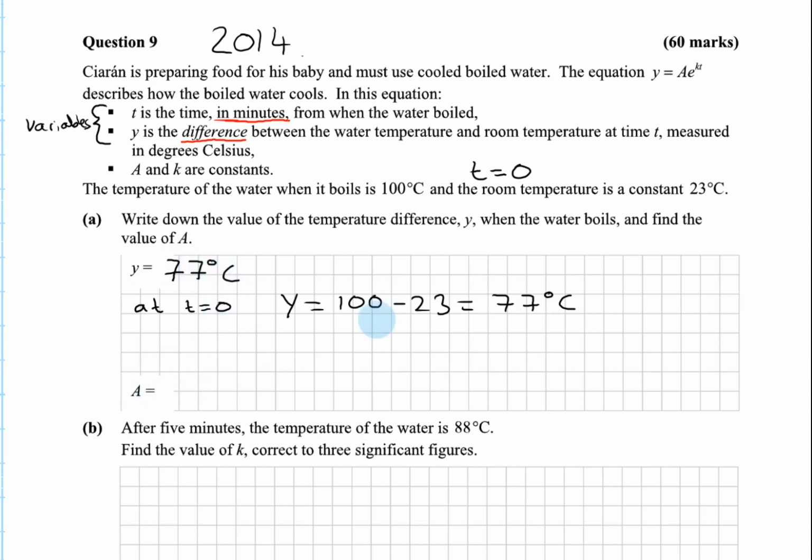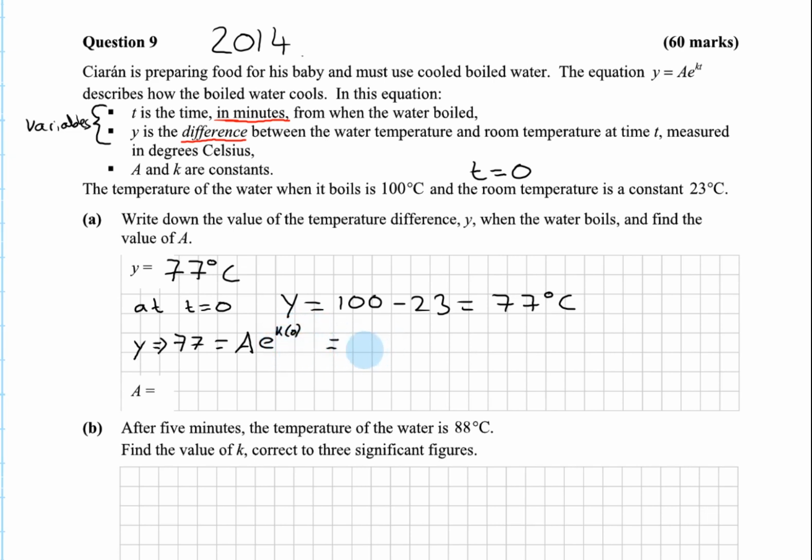Now we need to find A. Well, we know that Y is equal to 77, and that equals A multiplied by e to the power of KT, where T is 0. Now what we need to know about this is that any number multiplied by 0 is just 0.